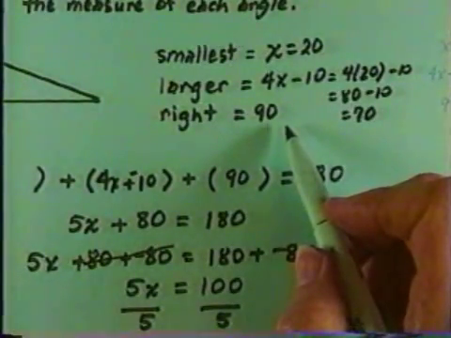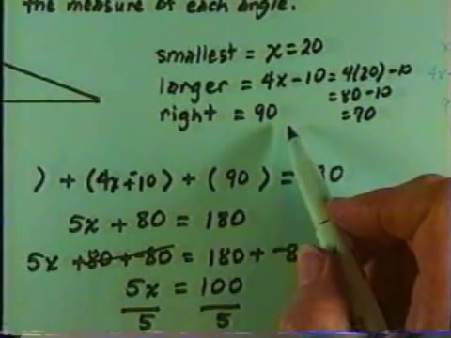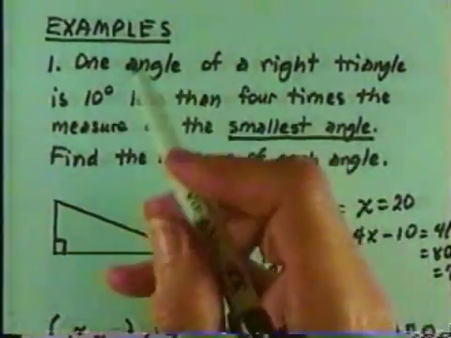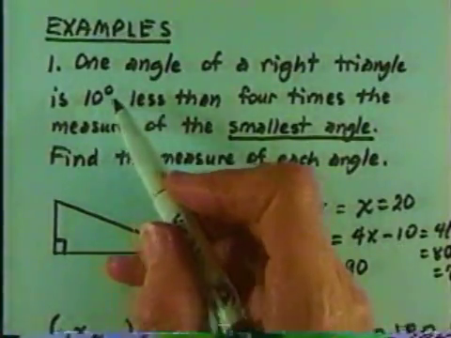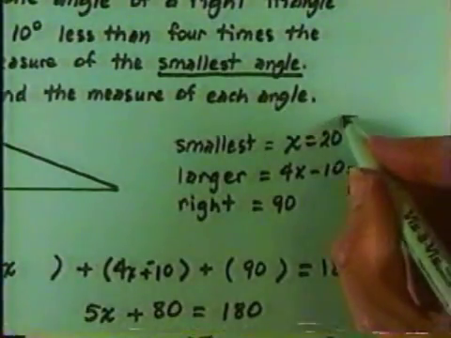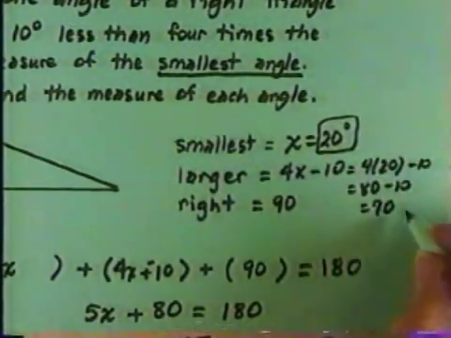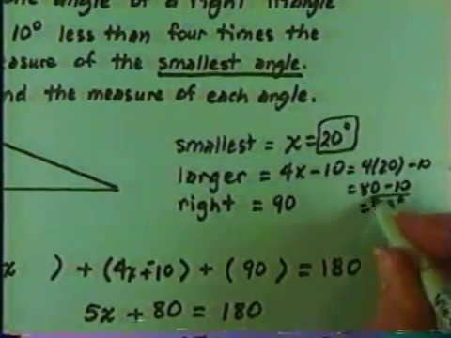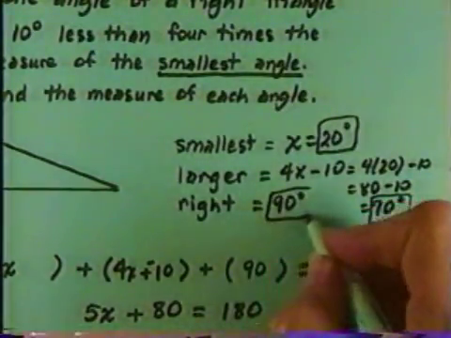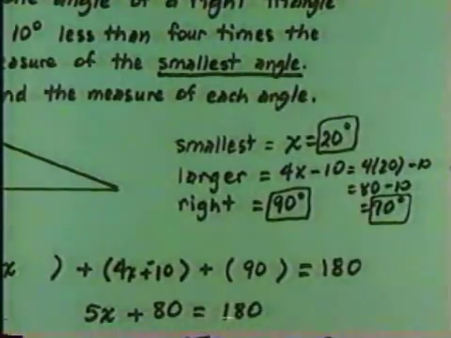The only thing left is to get the units of measure. We're working with angles, and the angle measure that we're using is always degrees. And so our smallest is 20 degrees. Our next is 70 degrees. And the right is 90 degrees. So we have 20 degrees, 70 degrees, and 90 degrees.